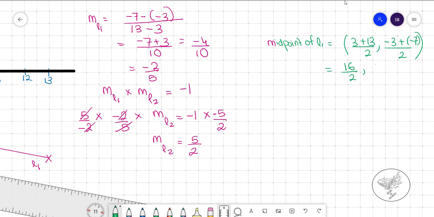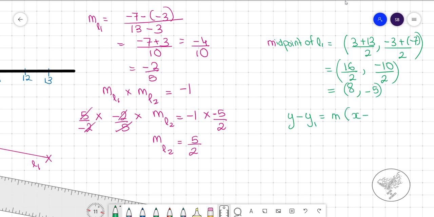That would be 16 over 2 comma minus 10 over 2. So that would be equal to 8 comma minus 5. That's the midpoint of this. So now let's go on to find the equation.